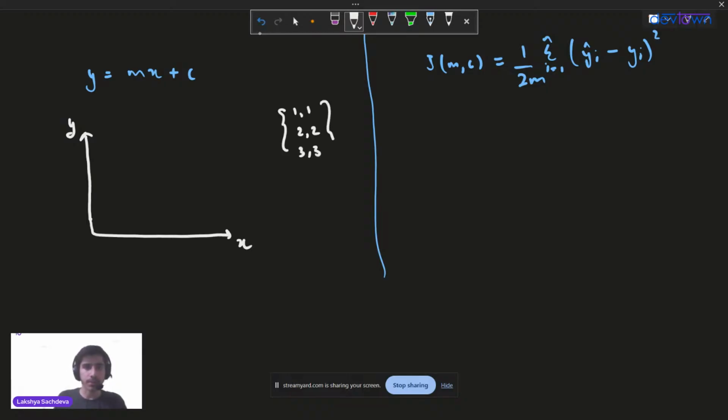I am going to plot these points on this graph. This is 1, this is 2, this is 3, and again 1, 2, 3. So we plot (1,1), (2,2), (3,3). Sir, it will lie somewhat here, and again somewhat here.